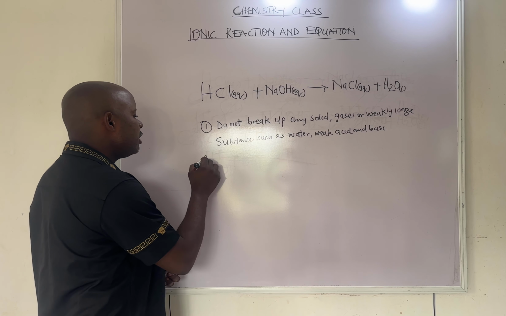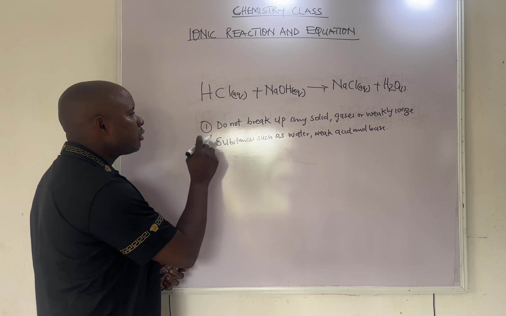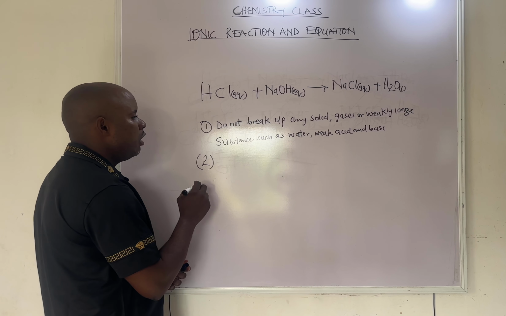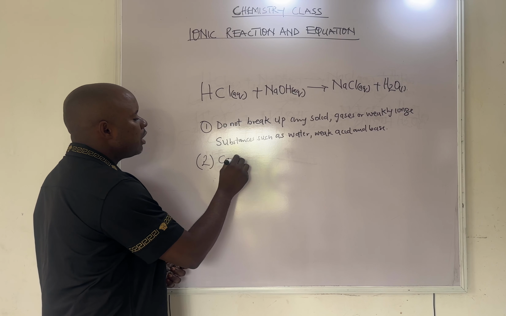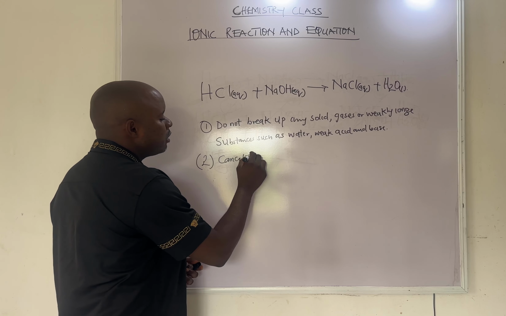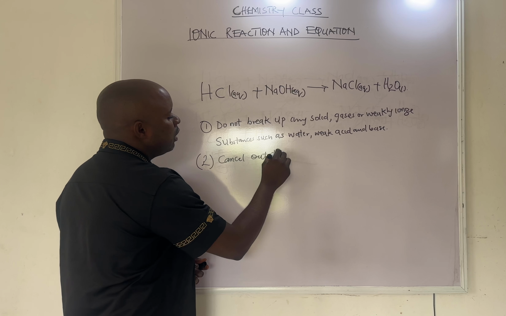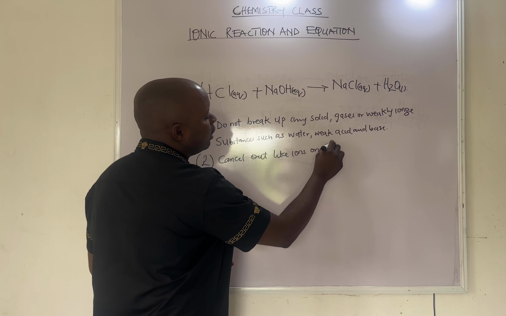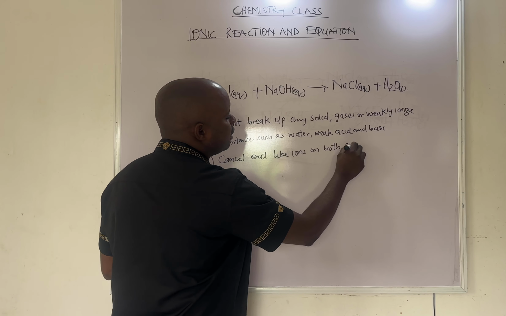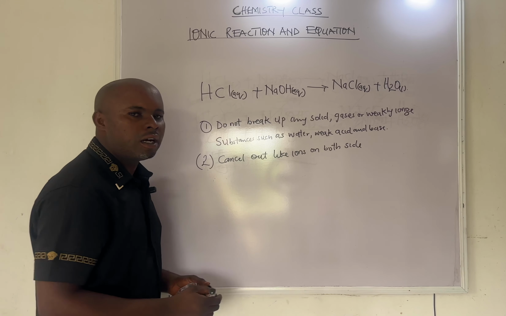The next rule for writing this ionic equation is that we cancel out like ions on both sides, that is, at the reactant side and at the product side.